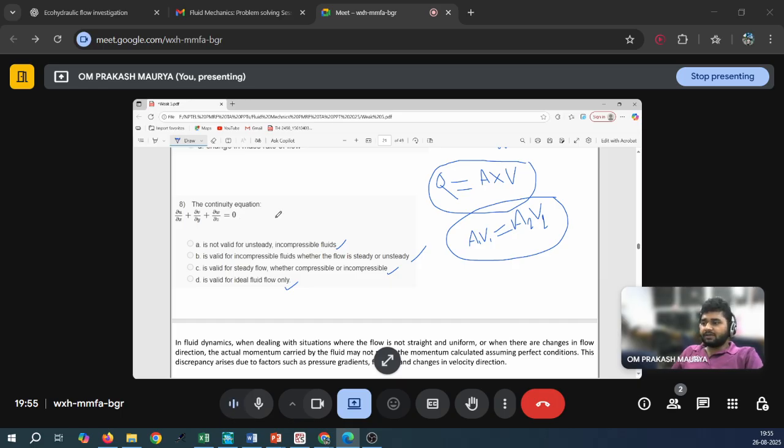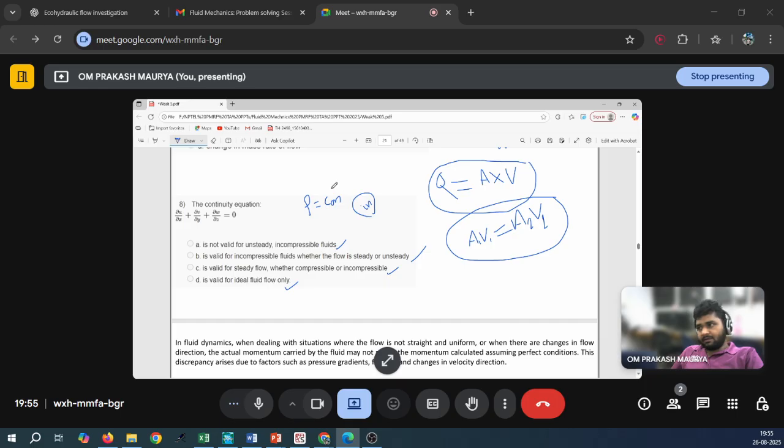One thing you can observe: if rho is constant, we take it common from each term and make it rho free. So here there is no rho in any term, which means it is incompressible.